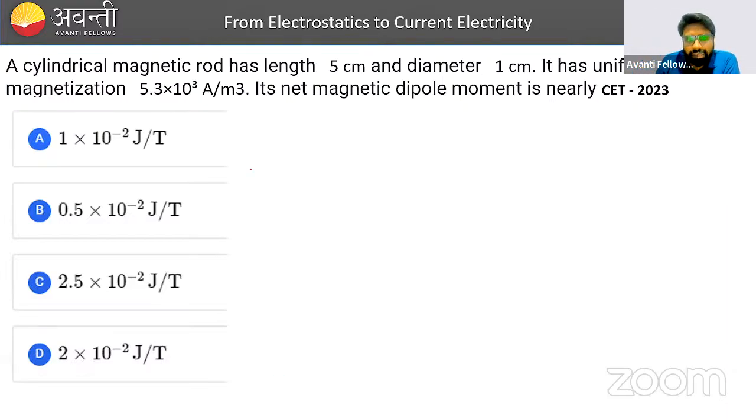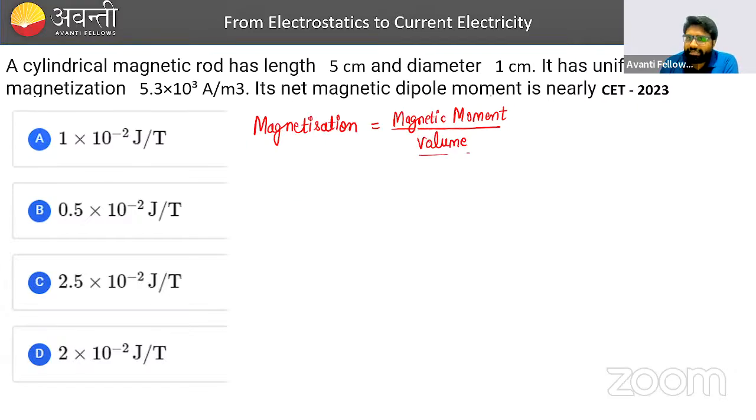तो देखो एक सिंपल सा फॉर्मूला है. मैग्नेटाइजेशन इज इक्वल्स टू मैग्नेटिक मोमेंट डिवाइडेड बाय वॉल्यूम. ठीक है. अब देखो मैग्नेटाइजेशन इज गिवन टू यू, मैग्नेटिक डायपोल मोमेंट यू वांट टू कैलकुलेट. सो मैग्नेटिक मोमेंट इज इक्वल्स टू मैग्नेटाइजेशन इनटू वॉल्यूम.